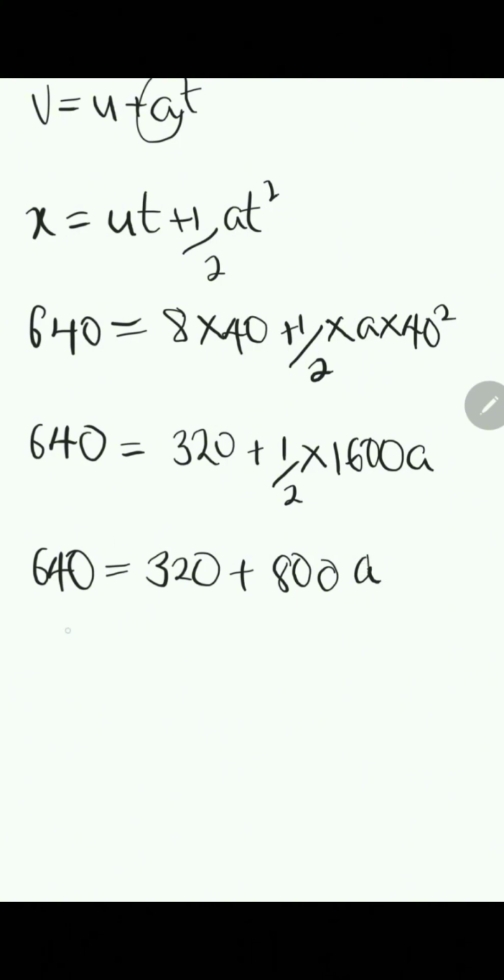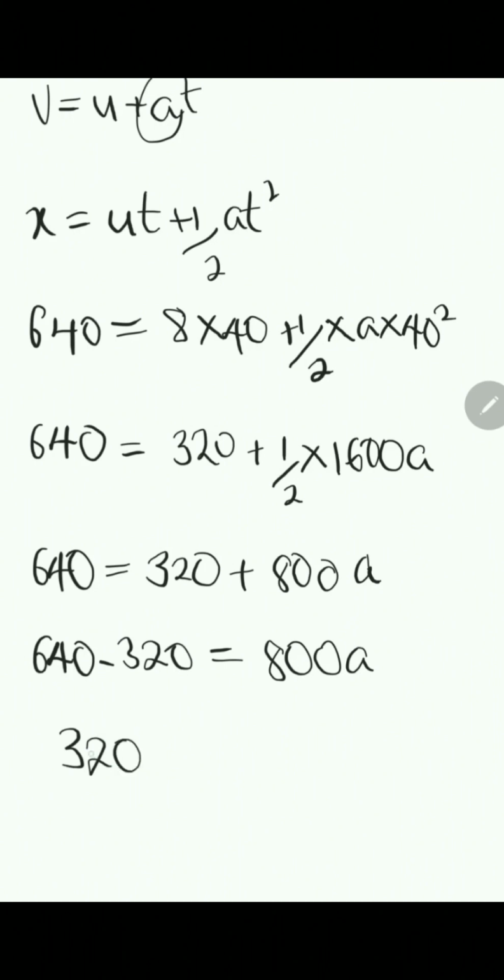Take the 320 to the other side, it becomes negative there, so we get 640 minus 320, which will be equal to 800 a. 640 minus 320 gives us 320. We get 320, which is equal to 800 a.